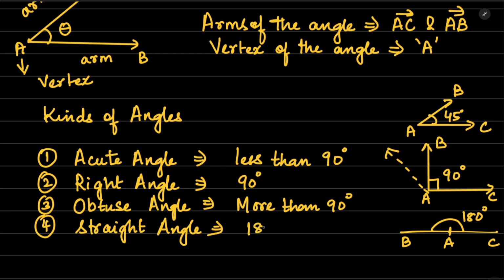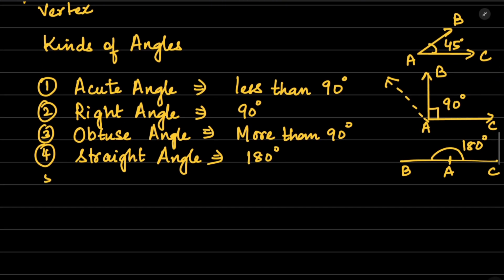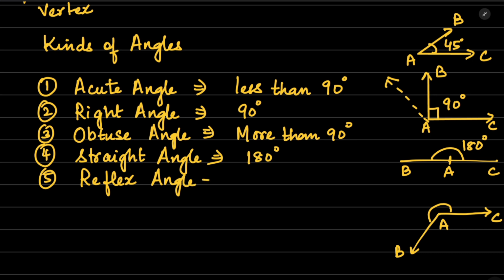A straight angle is always 180 degrees. Now the fifth one: if it is more than 180 degrees but less than 360, suppose this is A, here this is B and C. Angle BAC is more than 180 degrees, then it is called a reflex angle. A reflex angle is more than 180 degrees but less than 360.